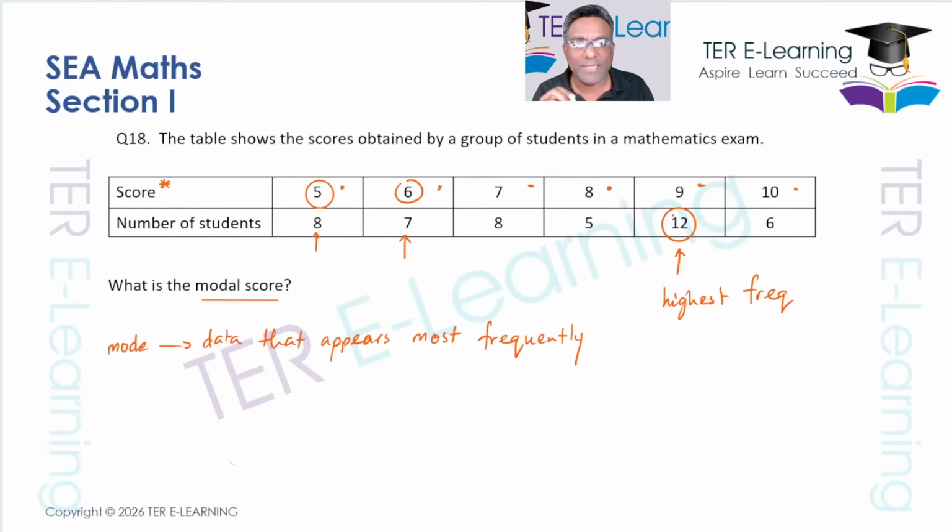That 12 there means that a score of 9 occurred 12 times. So there were 12 students who got a score of 9. So the modal score here is actually 9. So 9 is the answer. Is that making sense?